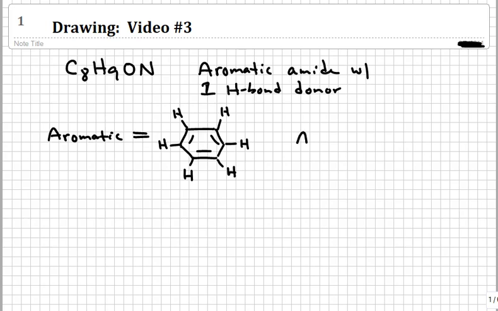Now an amide, people get amides and amines confused. Some of you will on the test, tragically. I don't know what to do except to warn you and to plead with you not to make this mistake. Amines and amides are different, okay? An amide has this base structure.